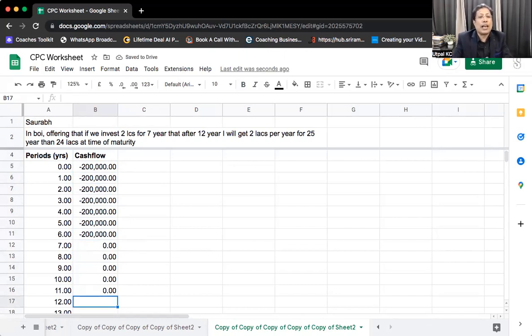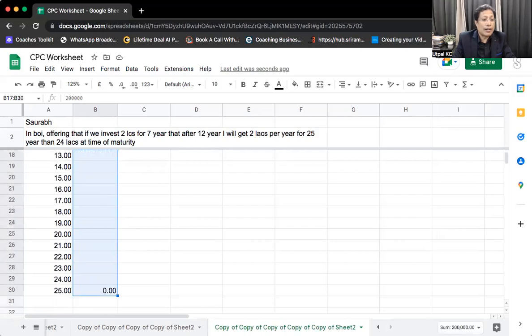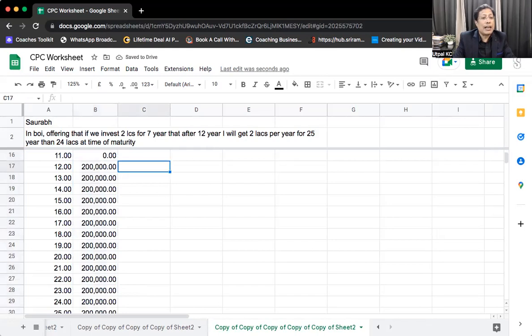After 12 years, you will get 2 lakhs per year, 2 lakhs per year for 25 years. Now you have to ascertain whether it is 25 years or 25 plus 12, that is 37. 25 years, this is okay.